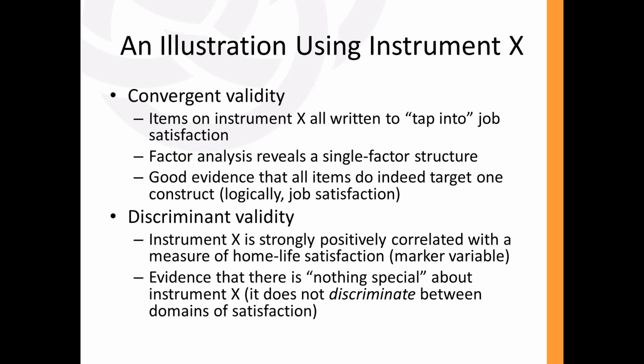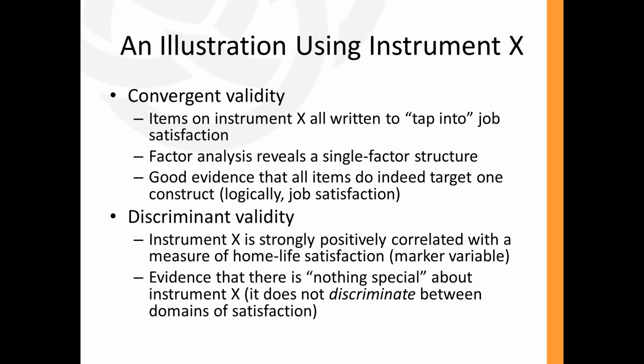But let's say that instrument X is also strongly positively correlated with a measure of home life satisfaction. Well, you know what? That actually means that instrument X is not all that special because it doesn't discriminate between domains of satisfaction, right? If it weren't correlated with home life satisfaction, that would tell you that it is more specifically related to job satisfaction and not just satisfaction writ large.